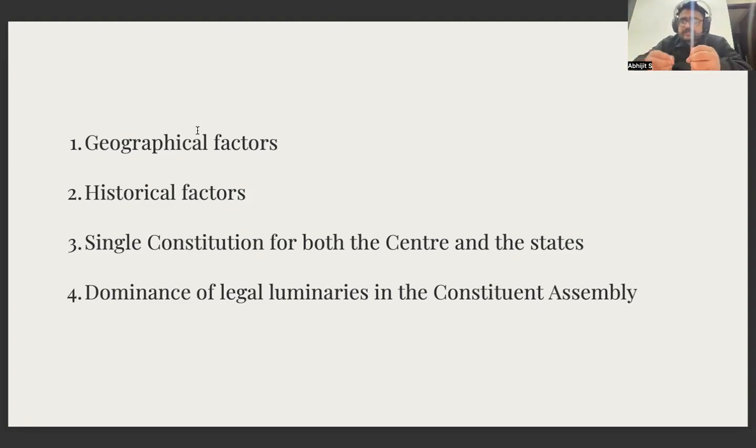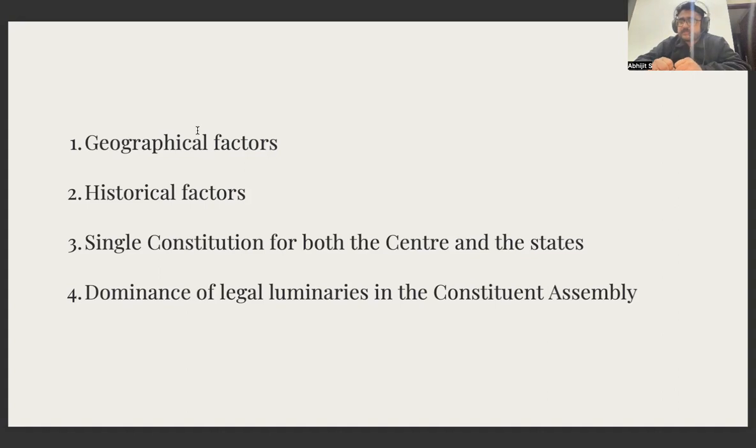Since all of these needed to be accounted for and addressed, therefore it lent to a huge degree to the length of the constitution. The second factor is associated with historical factors.